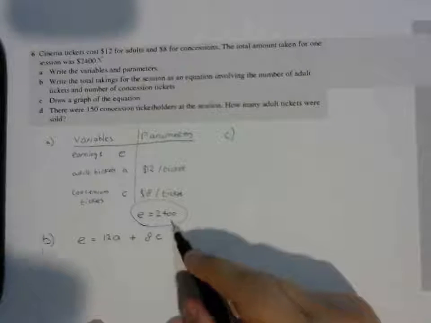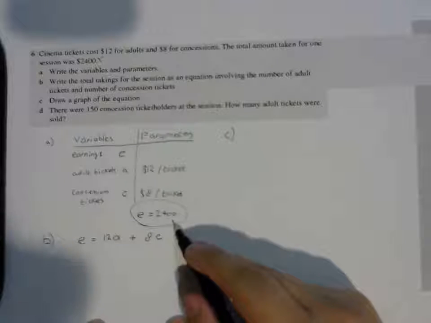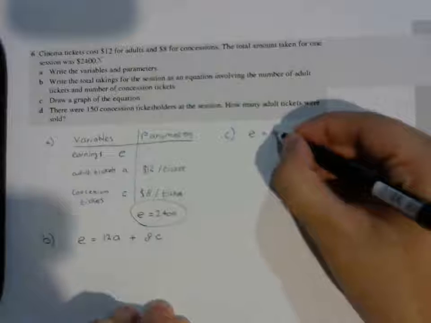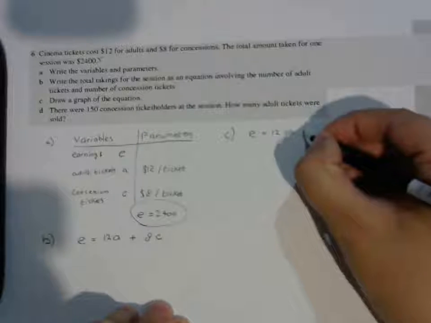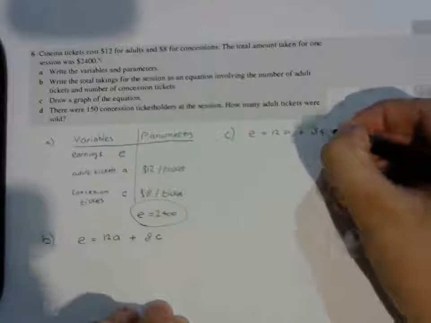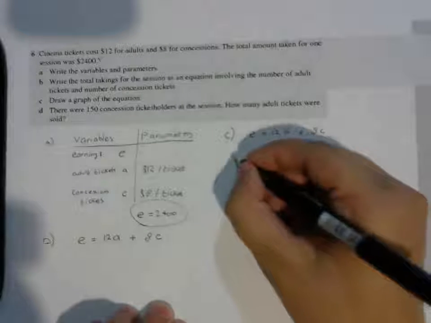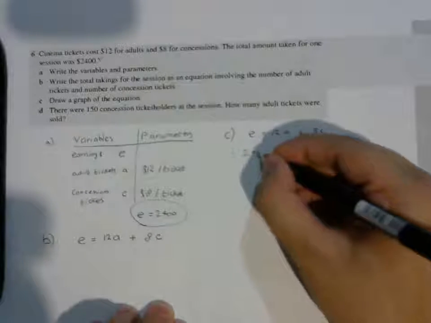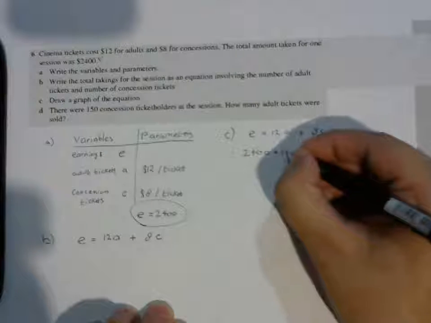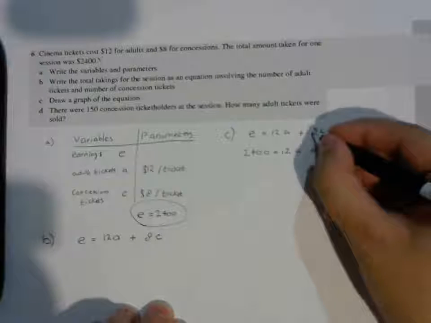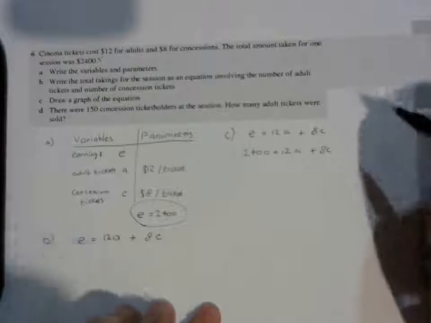We know that one particular day, that's what the earnings was. So starting with my equation, I'm going to substitute this value in. Substituting that in, we have 2,400 equals 12A plus 8C.